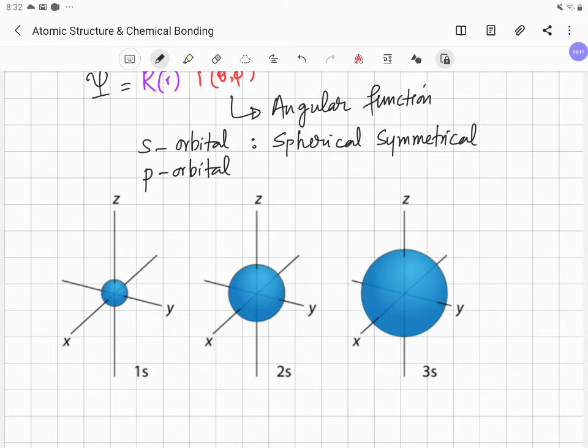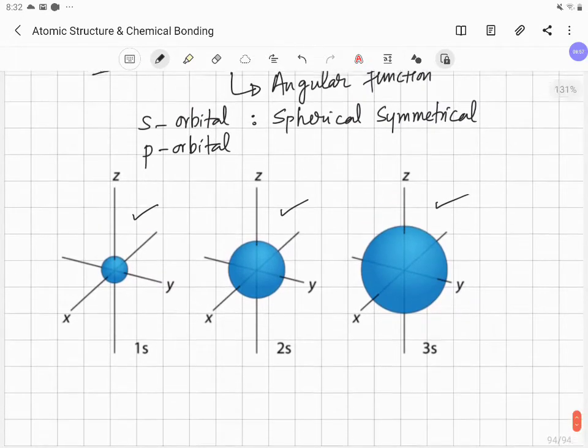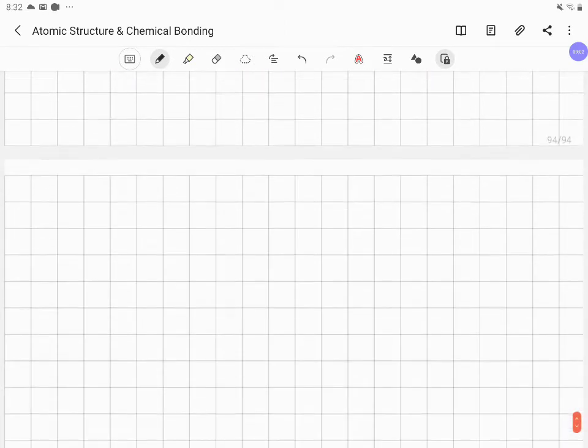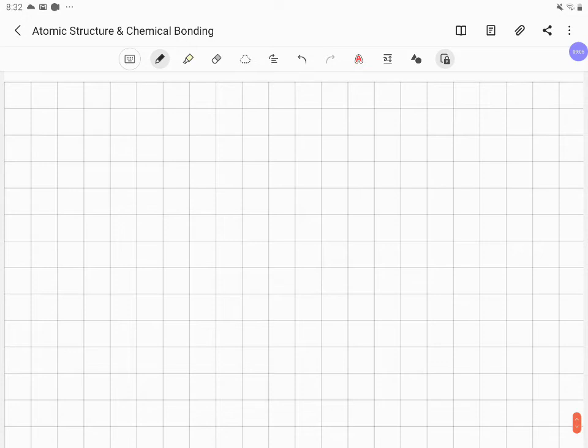This is the angular plot, a spherically symmetrical function, for the 1s atomic orbital, and likewise for 2s and 3s atomic orbitals. This is how an s orbital looks. Now, if we plot the angular function of a p orbital, it takes this form.